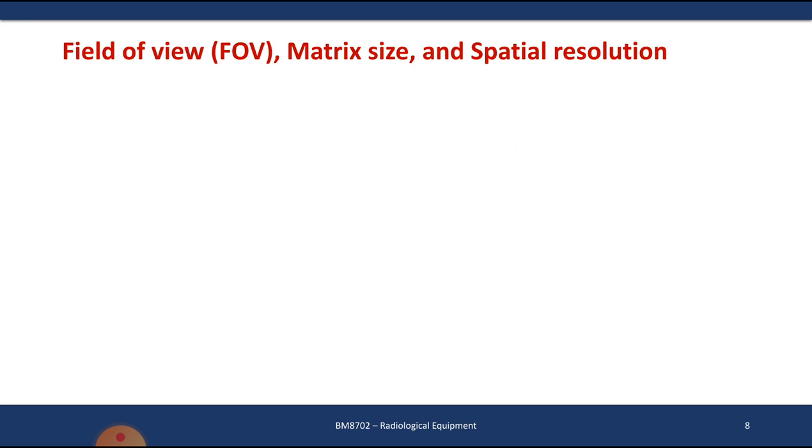If you look at the picture, we are trying to relate field of view, matrix size and spatial resolution. So what is field of view? You would have studied this in your microscopy lab, I believe. Field of view is any particular region that we are trying to look at in an image. For example, if you are looking at a chest MRI and trying to look at the heart or the walls inside the heart, your field of view is restricted to the heart.